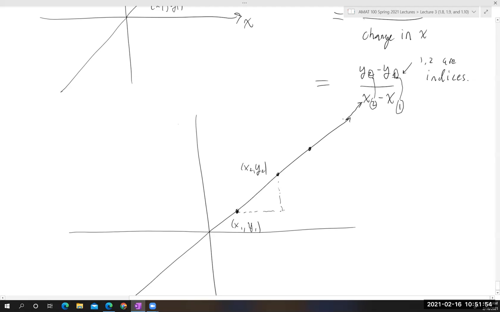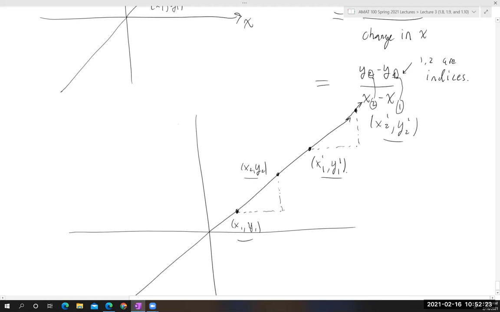Now we take different points here. They form this triangle. And then we have x1 prime, y1 prime, and over here we have x2 prime, y2 prime. We can use this pair of points to calculate a slope, but we can also use this pair of points right here to calculate slope.